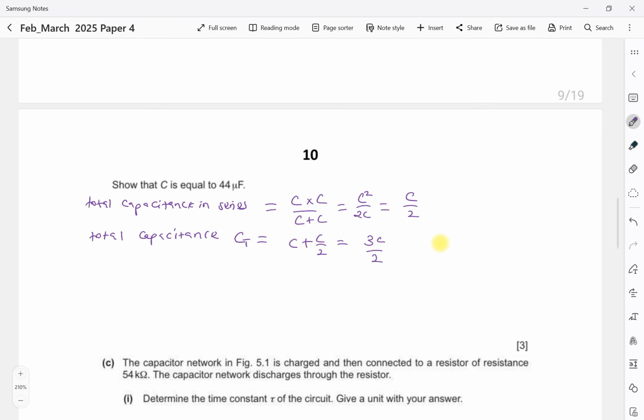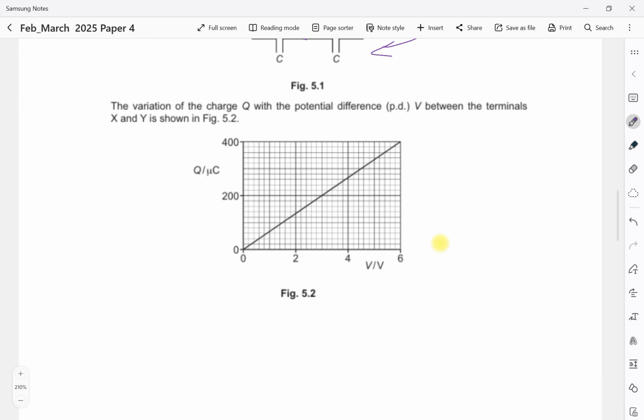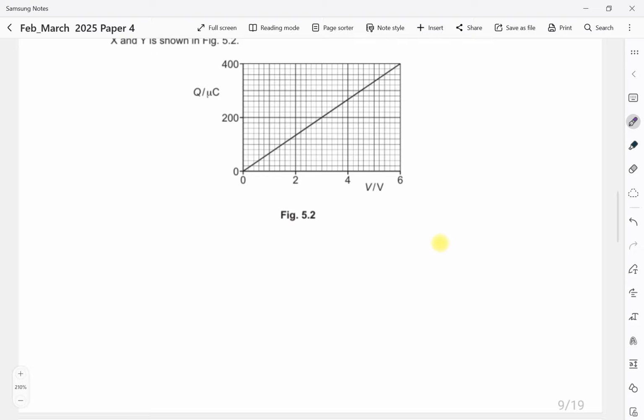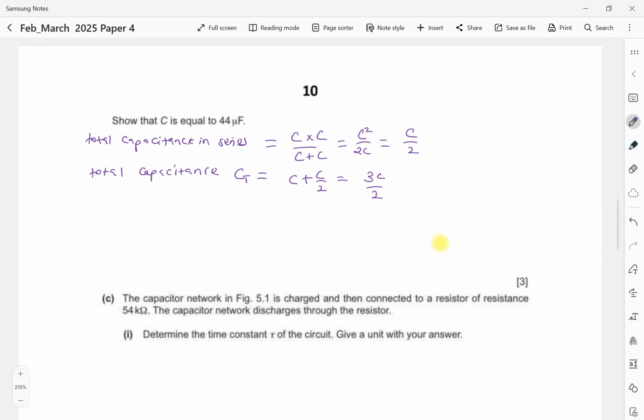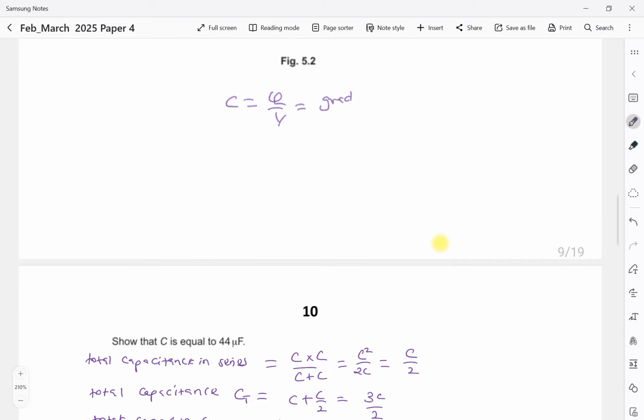And from this graph here, of course, we know that capacitance is charge over V, which is going to be equal to the gradient, or you can just take values from the graph and substitute, because the line goes to the origin. So we shall also say that the total capacitance is going to be equal to the gradient, which equals, I'll just take the extreme values.